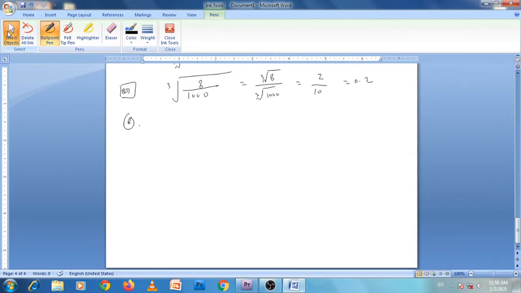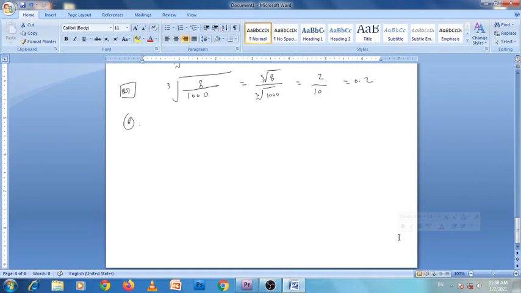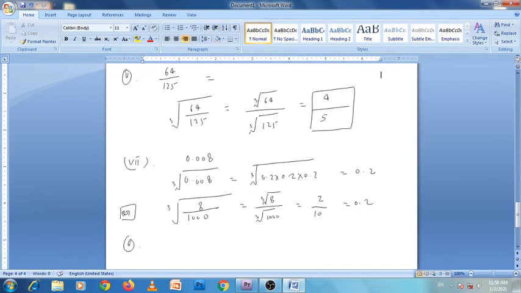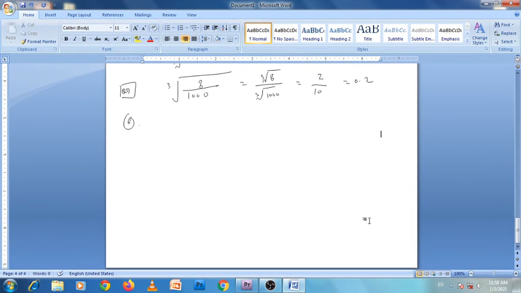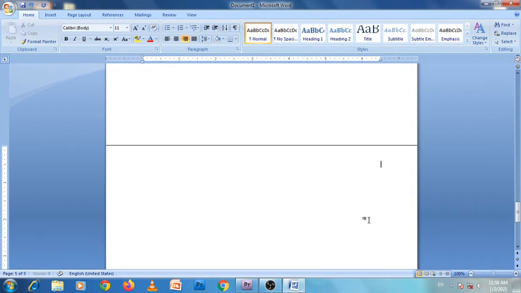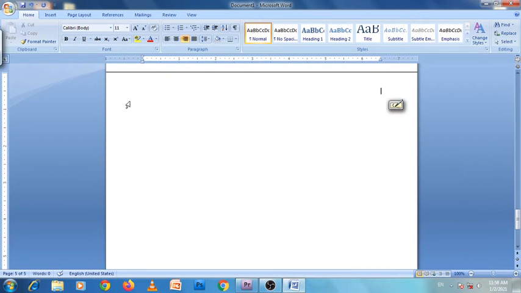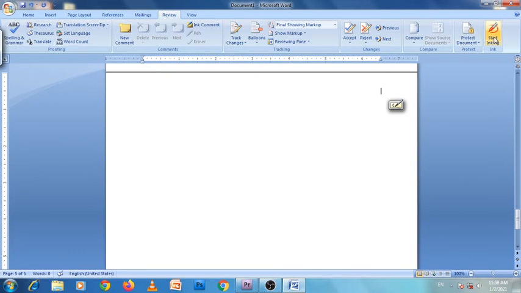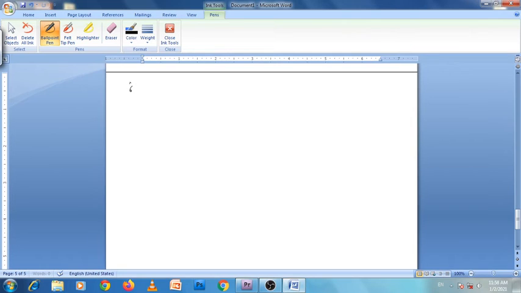So first of all, just go to a new page. Okay, so question number 6, we have 675. We have to find the smallest number by which, if we multiply this number, it will become a perfect cube.